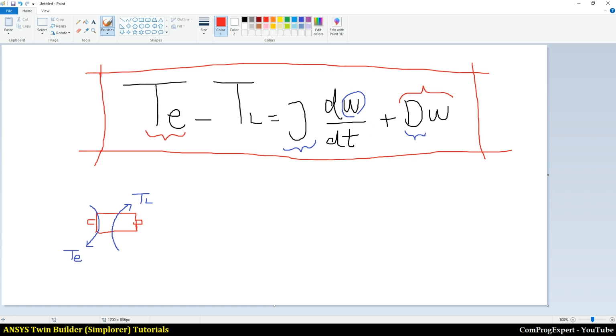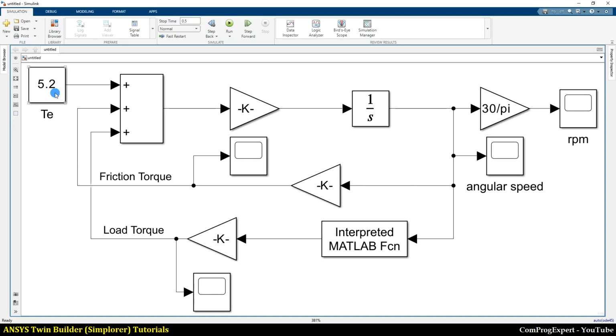In this example, I considered the electric torque equal to 5.2 Newton meter. These numbers are for a 1 HP electric motor, and the synchronous speed of this motor is 1500 RPMs.